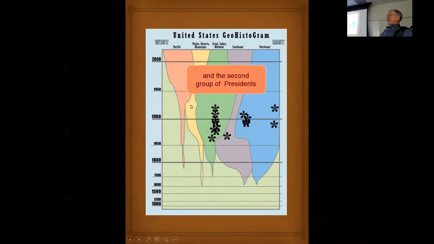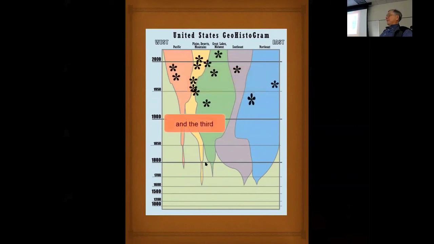And what do you think is going to happen later on? Now we've got multiple regions, and the presidents are all over the place. The Southeast has never completely regained its political influence.